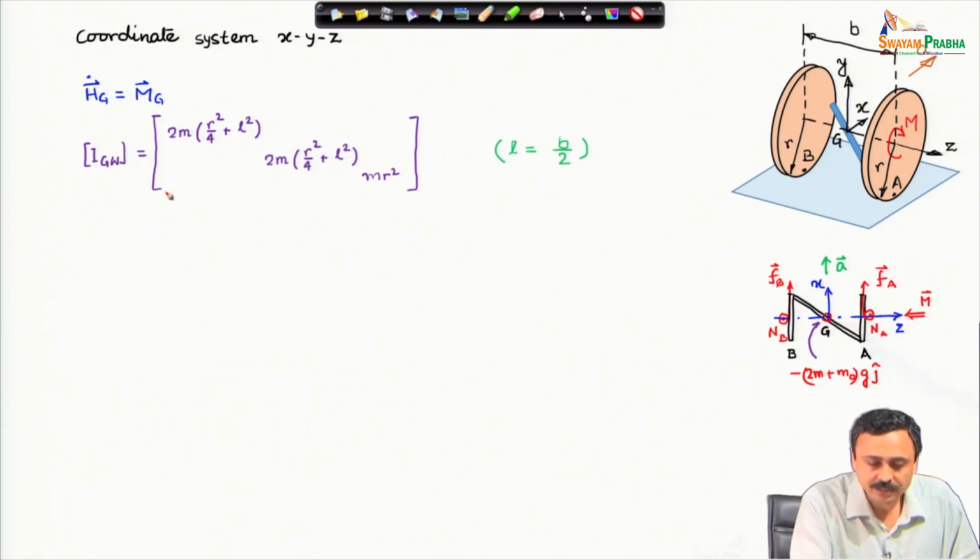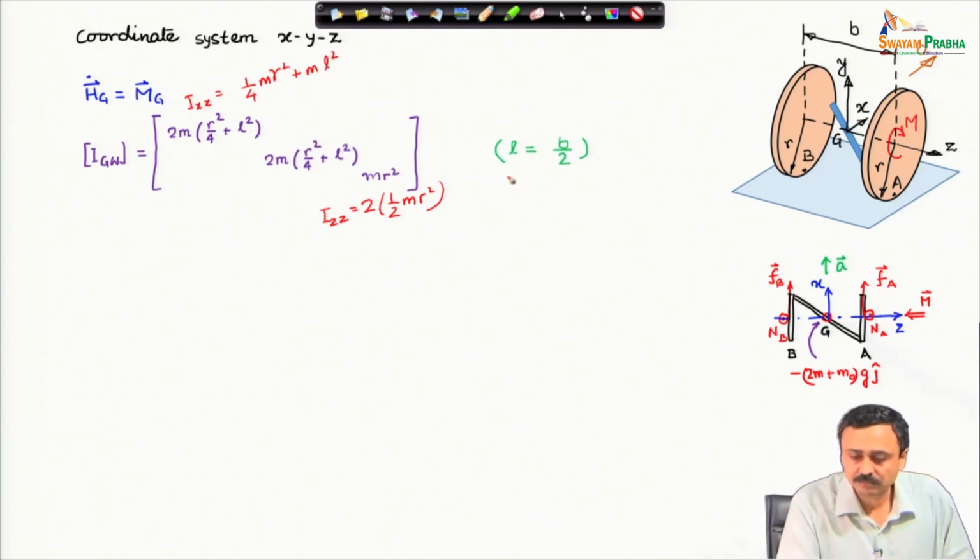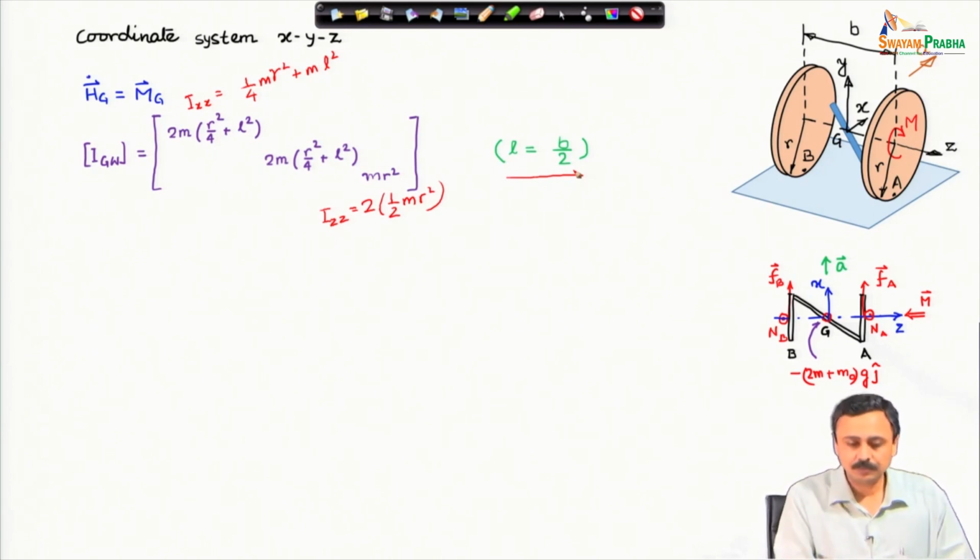So this is 2 times half mr², this is Izz, that is how I get this. This Ixx is 1/4 mr² plus mL². L² is the shift, L is b by 2.